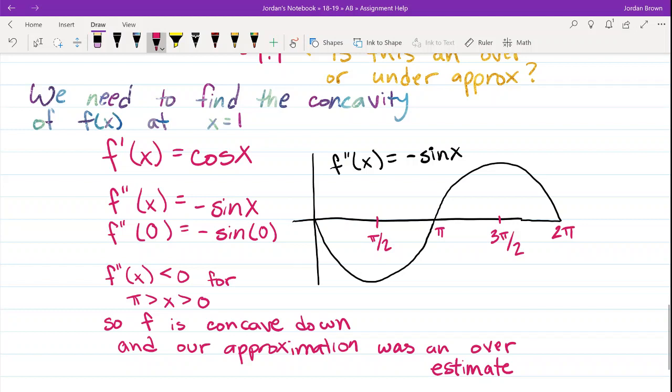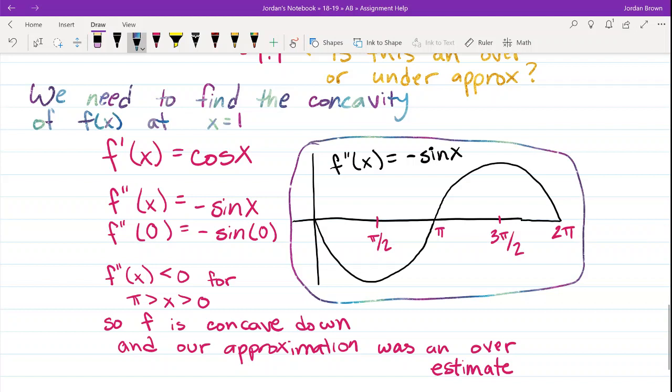Yeah, this graph, Lily, we are just using this to determine when it is concave up or when it is concave down. Okay, so this we use to determine the concavity.